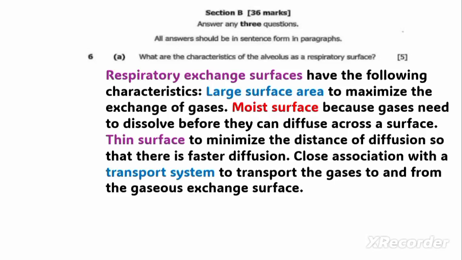These characteristics enable the alveolus to carry out gaseous exchange. So we have answered this question.